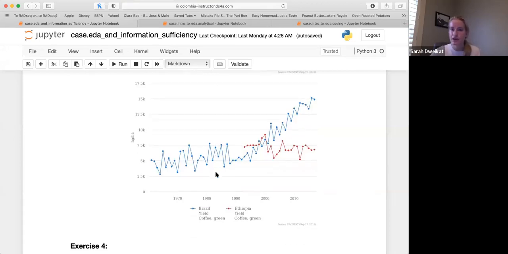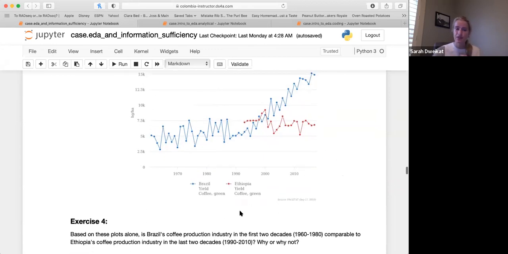These are going to be our three comparisons for Brazil versus Ethiopia. And remember, we wanted to look at where Ethiopia is now and where Brazil used to be. So based off of these three plots alone, is Brazil's coffee production industry in the first 2 decades, 1960 to 1980, comparable to Ethiopia's coffee production industry in the last 2 decades, 1990 to 2010?